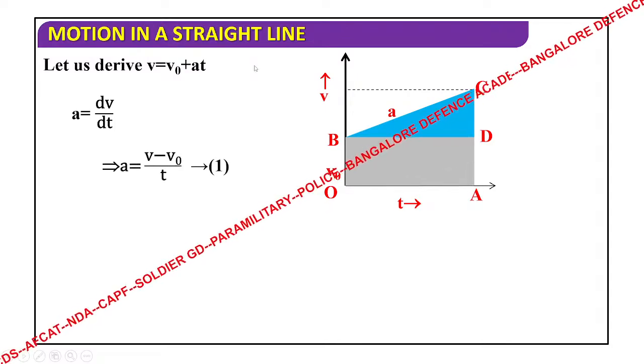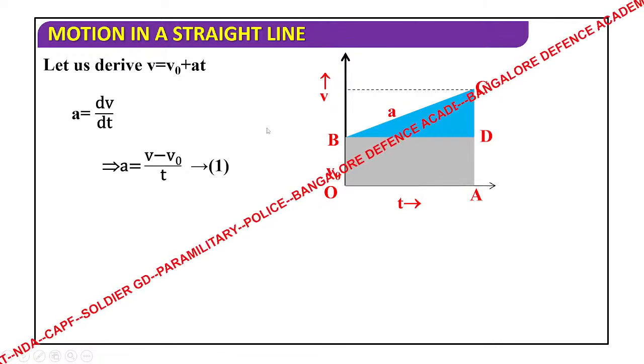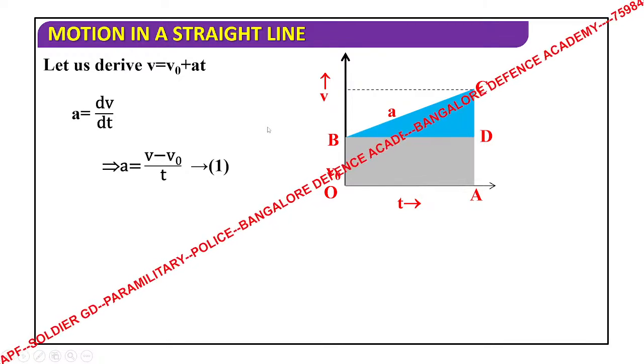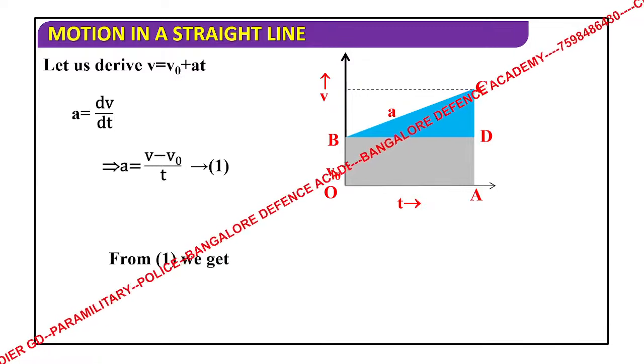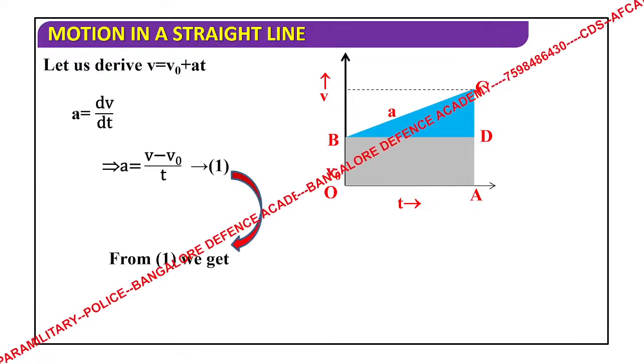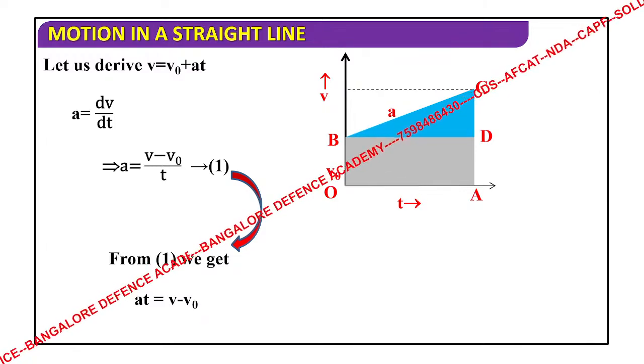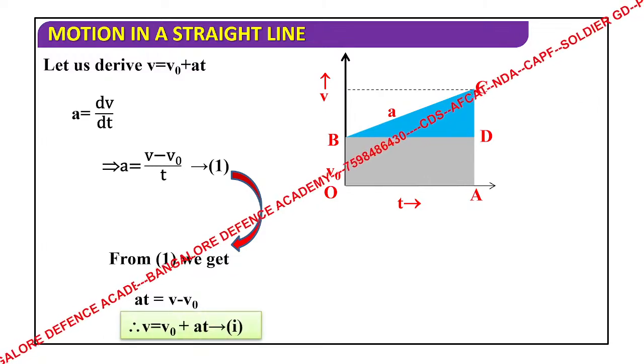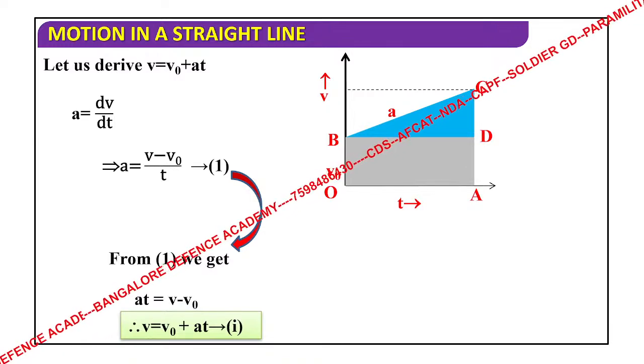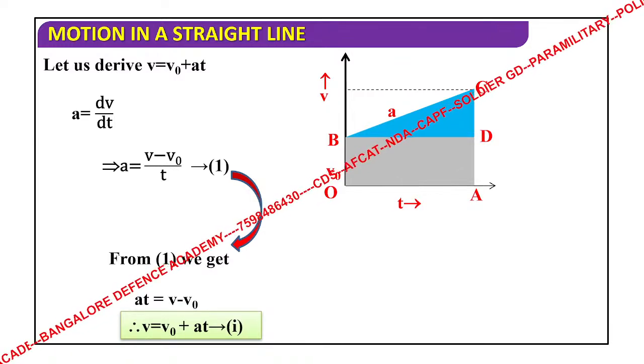So acceleration, final velocity minus initial velocity by time taken, that is equation number 1. Now I'm just going to cross multiply: at is equal to v minus v naught, and finally I get the first equation. So write down this derivation in your notebook quickly.